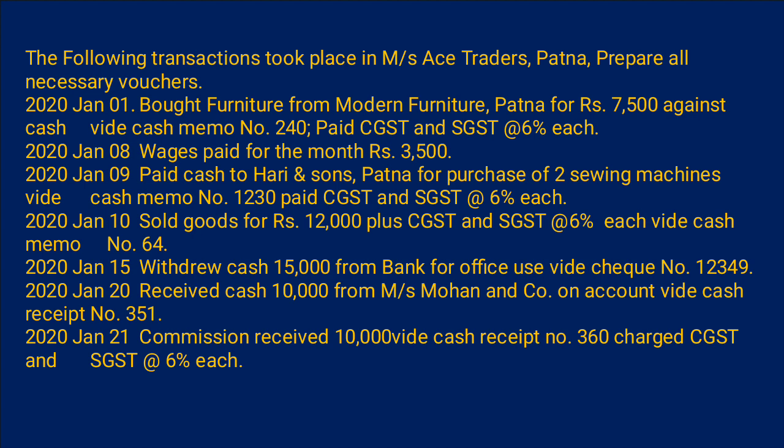Before starting the question, we have to find out the name of the party, the name of the person. Just like here you can see, the name of the business organization is Messrs Ace Traders, and that belongs to Patna.